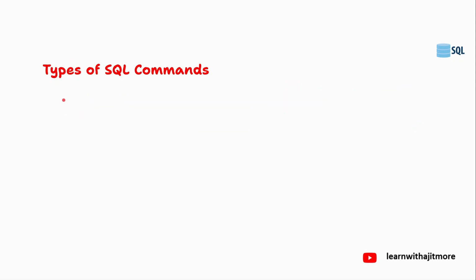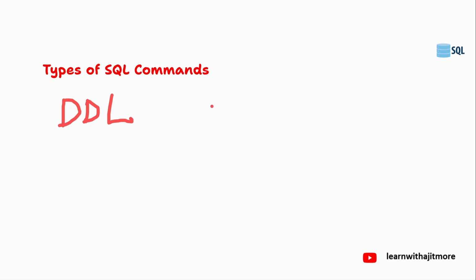Then the third category is data definition. Okay. This is very important because from here only the whole process starts. Correct. Means using DDL commands only the whole journey will start. Okay. This is for defining your tables.